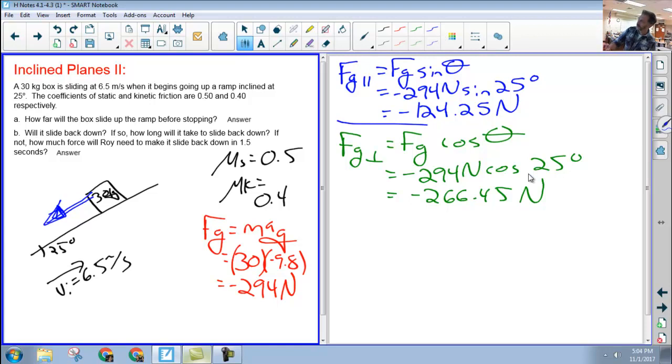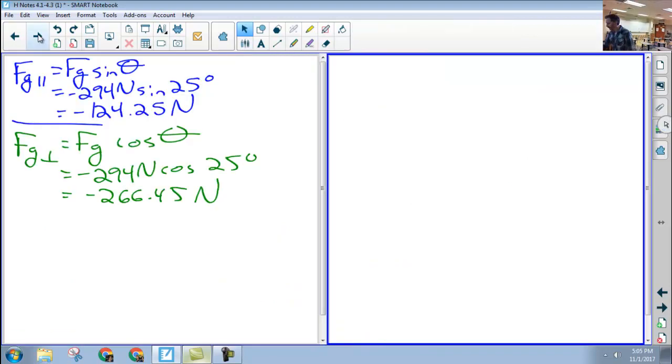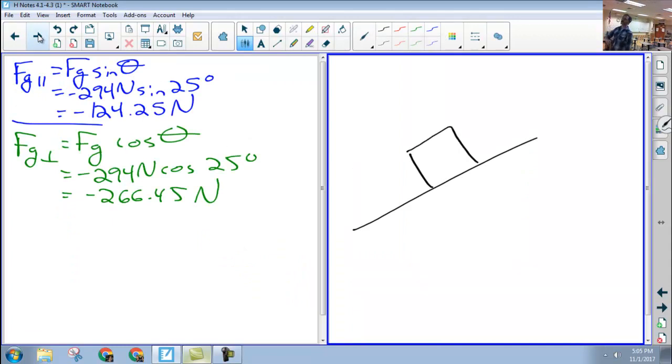Okay, so here we go. So we've got a ramp. Sorry, my board was just getting cluttered. All right, so we had decided that this thing was 30 kilograms, and we just found our components. Fg parallel, that's this guy, negative 124.25 newtons.